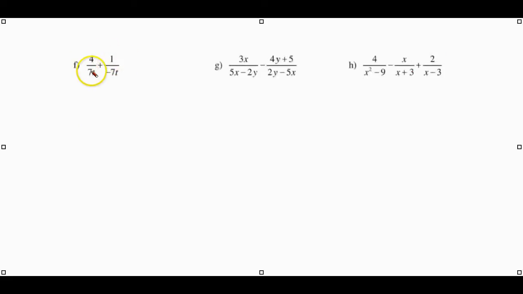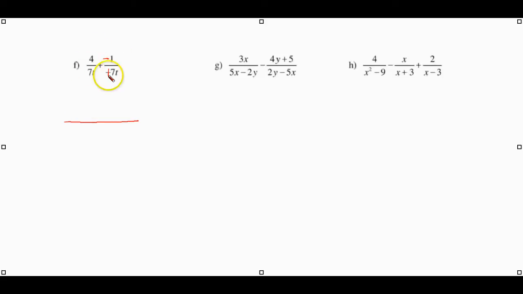In example F, notice our denominators are very similar already, except this one's plus and this one's a negative. Do you remember we said we could put this negative sign up in the numerator, and then this will just become a positive?